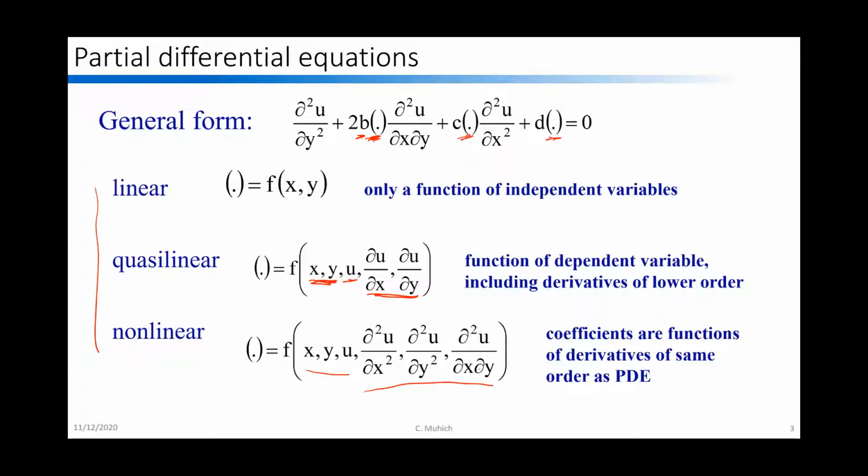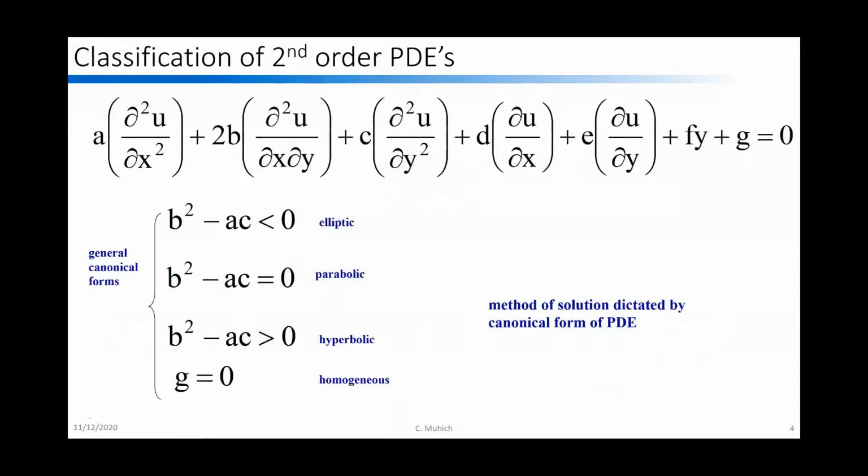Additionally, we can further classify these differential equations based on how much weight is put on each of these terms. So here I can expand out these terms. If I group all the second order terms, second derivatives with respect to x, with respect to both x and y, just y, and then the first derivatives, we can form different forms of the equations.